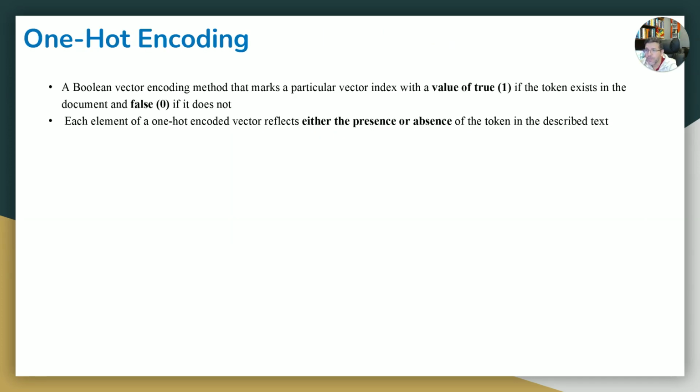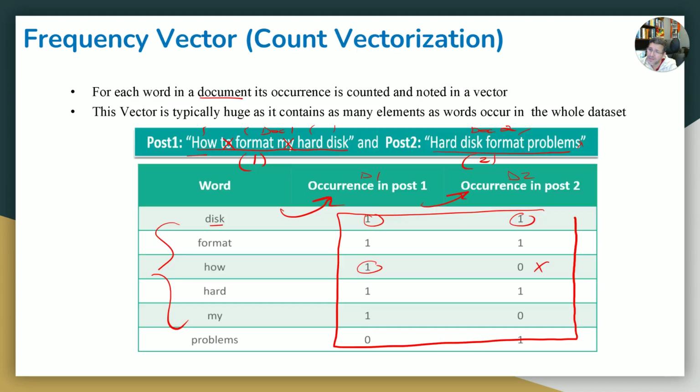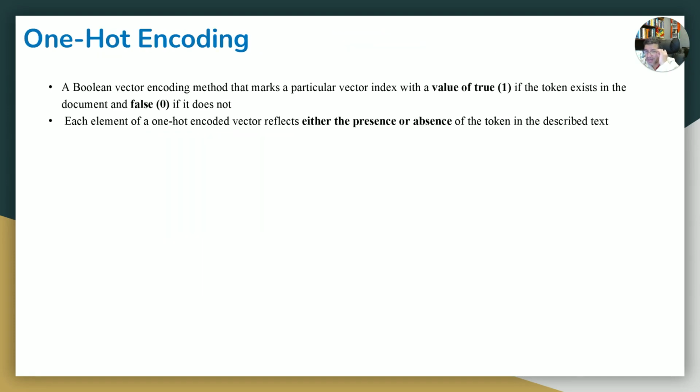Okay, so there are other techniques that are much more sophisticated or advanced. One-hot encoding is similar to count vectorization, except we are going to have a 0 and a 1.